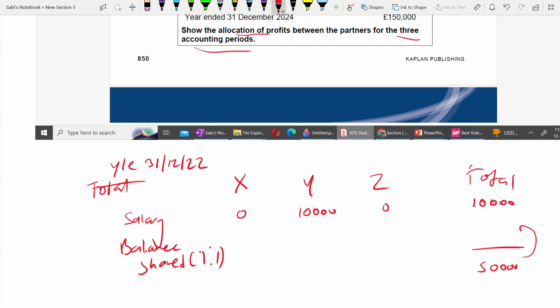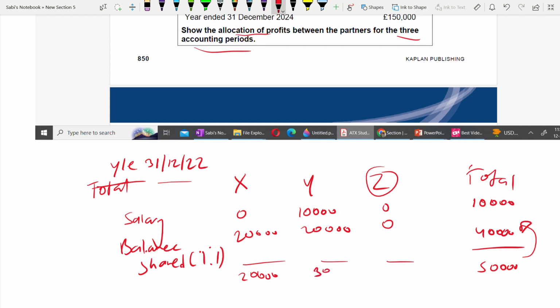The balancing figure is 40,000, and this 40,000 is shared equally between Xavier and Yoon, X and Y only. Remember, Z is a new partner, he came later. In this accounting year he was not there, so it's 20,000, 20,000. So this is 20,000, 30,000, 0, and 20, 30 makes 50.